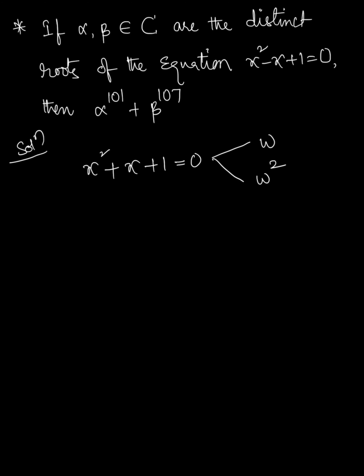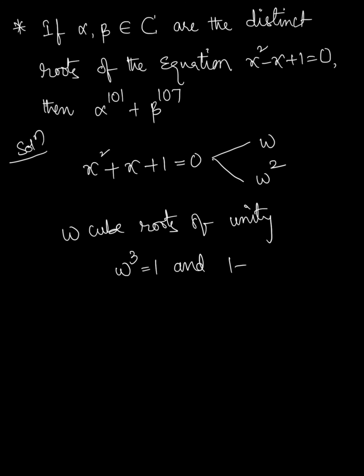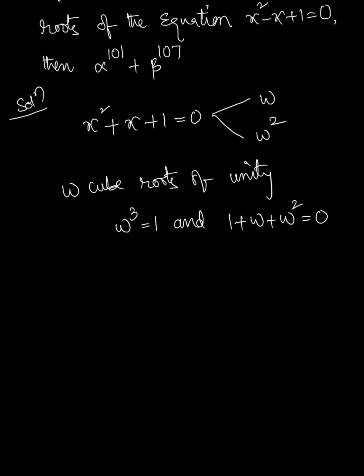Because omega is the cube root of unity, so we know that omega cube equal to 1 and 1 plus omega plus omega square equal to 0. Now if you observe, in the equation x square plus x plus 1 equal to 0, if I substitute omega, it will satisfy clearly.